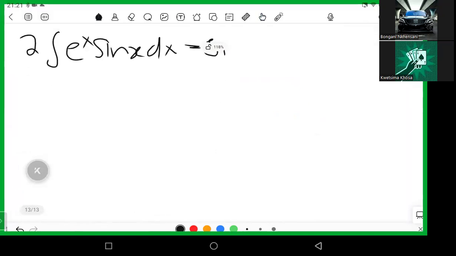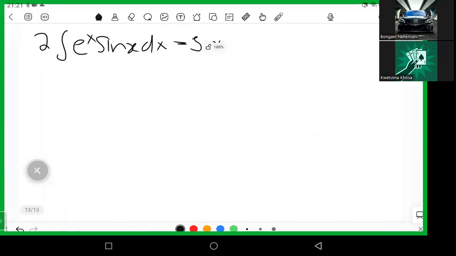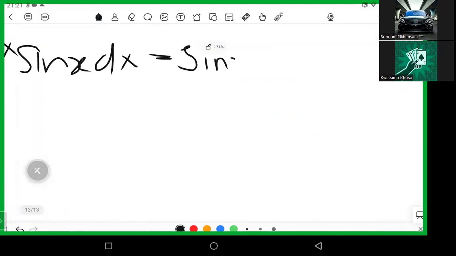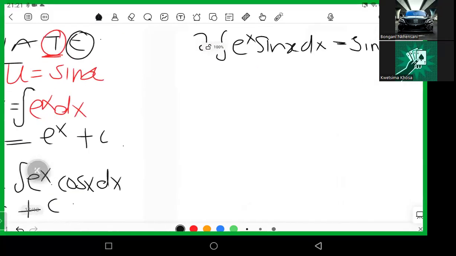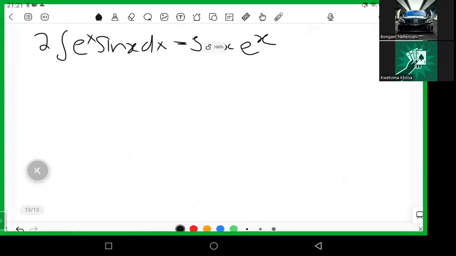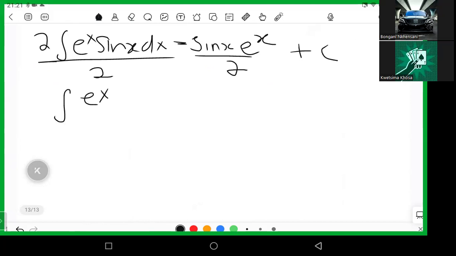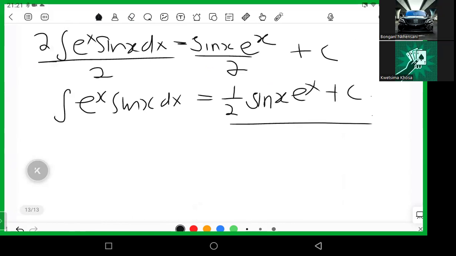So just divide this side by 2 and also that side by 2. Then we know that our answer will be this: the integral of e to exponent x sine x dx will be one over 2 times the expression, plus c. So this will be our final answer.